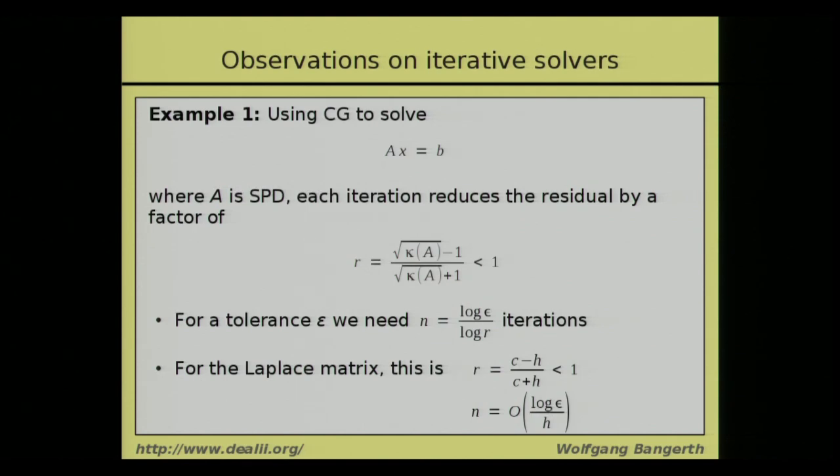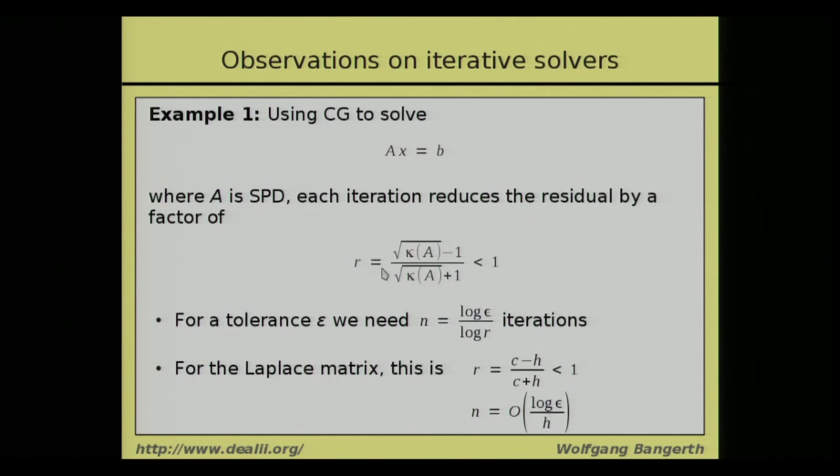So let me give you a couple examples of the performance of the CG method. If I have a symmetric and positive definite matrix A, and I can apply the CG method to it, then I can show, theoretically, that the residual in every iteration is reduced by a factor r that is less than 1.